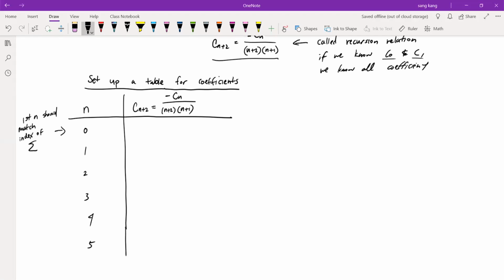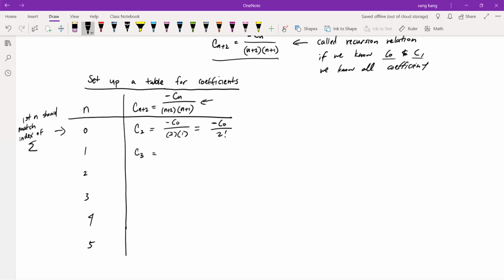So for n equals 0, I'm going to plug directly into my relation here. n equals 0, this would be C2. If I plug this in, it'll be negative C0 over 2 times 1, right? So essentially this is negative C0 over 2 factorial, okay? If I plug in 1, we'll have C3.